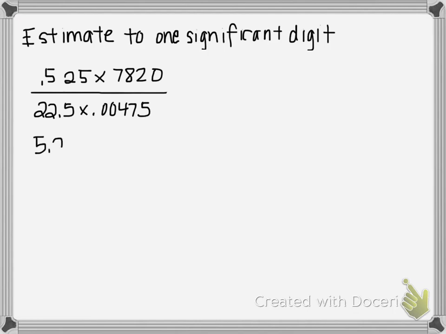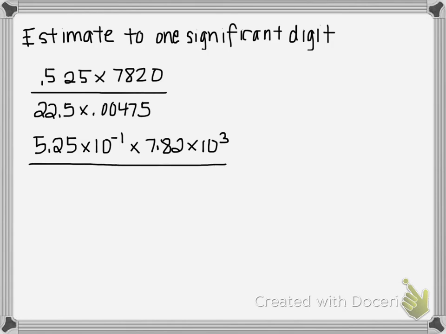So I've got 5.25 times 10 to the negative 1. Now if you're not very good with your scientific notation, I'll take my time with the last number and talk about scientific notation a little bit.